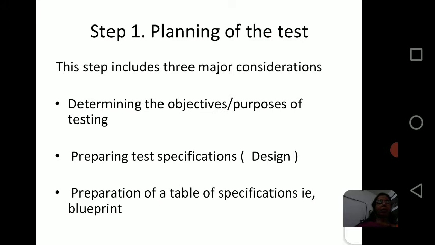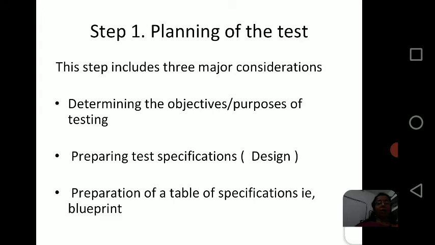What are the major considerations? There are three major considerations. One is determining the objectives, that means purpose of testing, preparing test specification, that is design of the test, and preparation of a table of specification, that is blueprint. These steps we have explained in the last segment, and these steps are similar to a standardized test also.